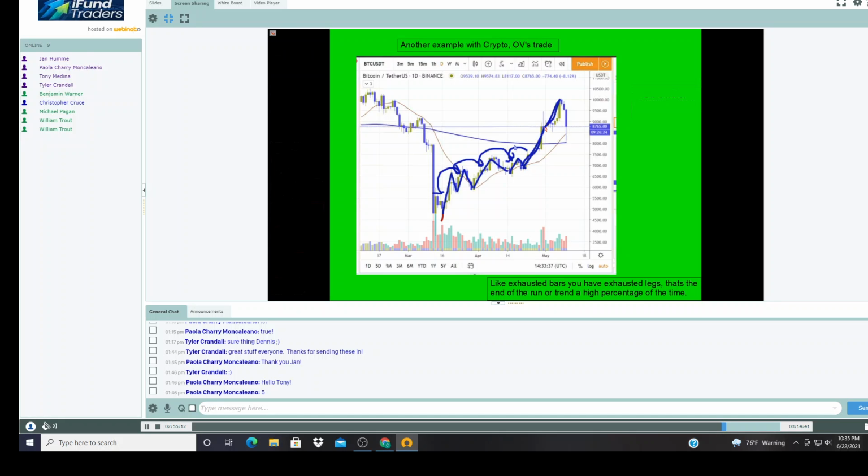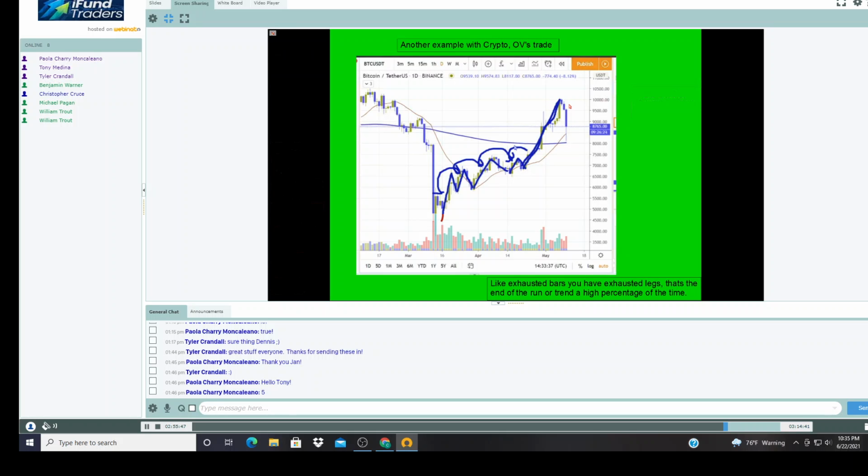The last leg was extended way up and starts hitting all the signals, right? Now, this extended bar is an exhausted leg. Just like with trades, you could have a nice origin, and then the trend goes up, and this area would be the exhausted area when you're trading stocks, and you catch the last area up before it rolls over.